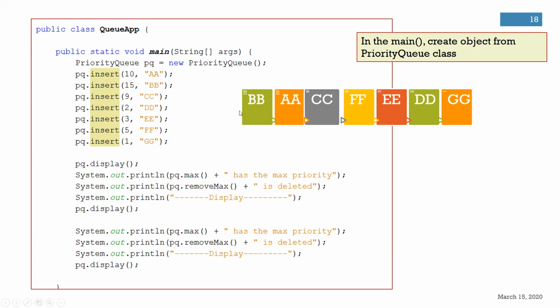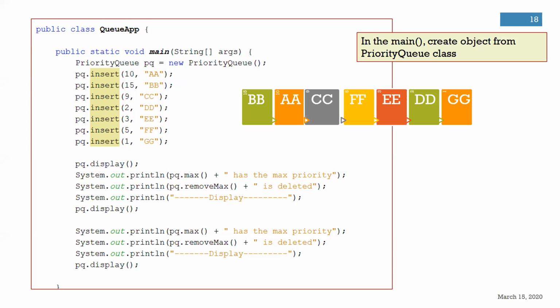Starting from the left, the highest priority is at the most left, priority 15, and at the most right is the lowest priority, 1, which equals element GG. So after display, we display in this order.